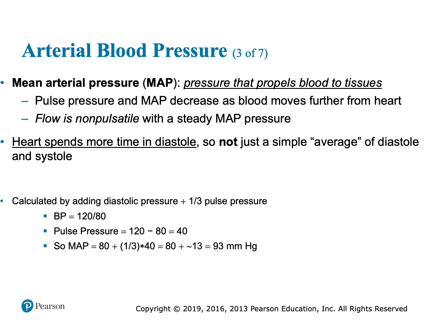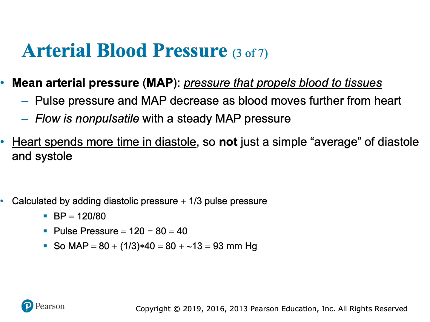Okay, mean arterial pressure. When I tell you for the tests, don't look at the average, look at the mean. It throws out the highest number and the lowest number and takes the average. This one's actually a little bit different. You can't just take an average because the heart spends more time in diastole. Lub-dub, pause. Lub-dub, pause.